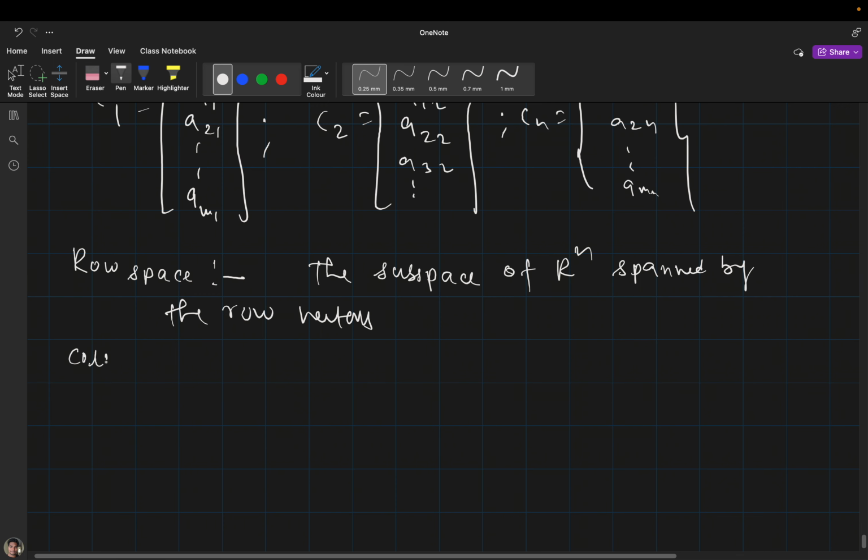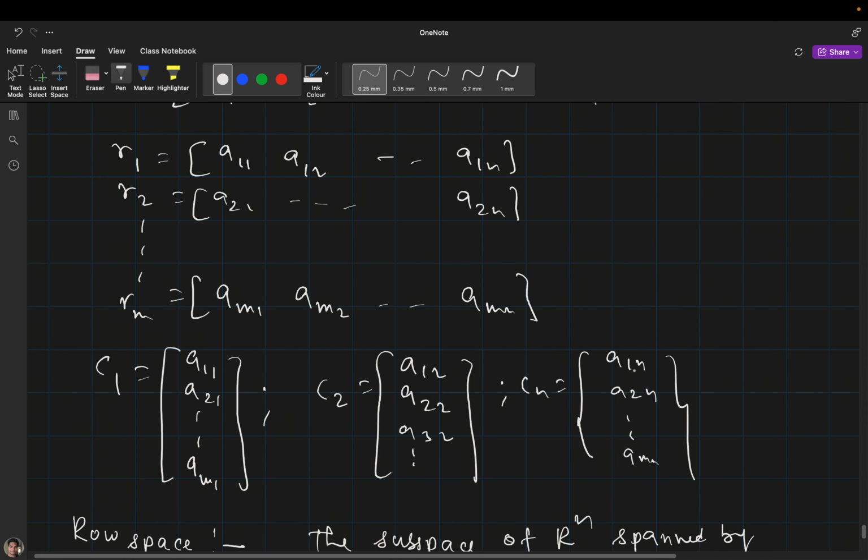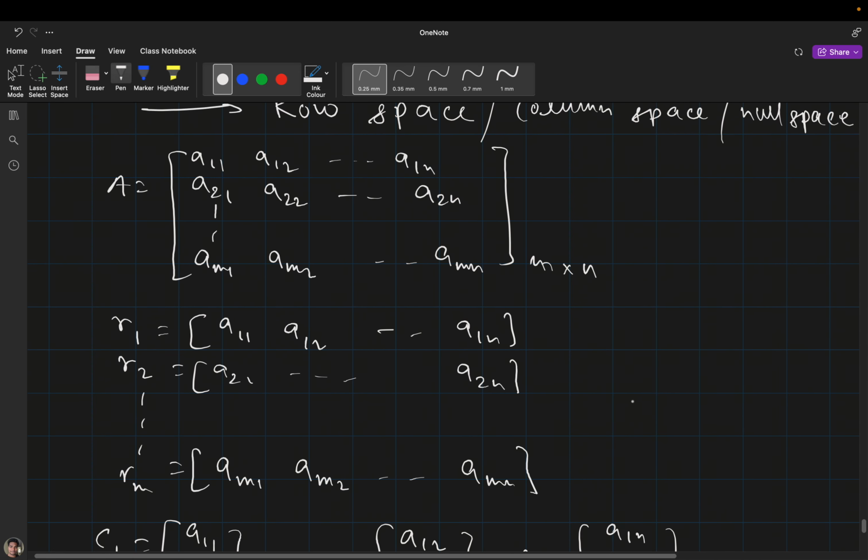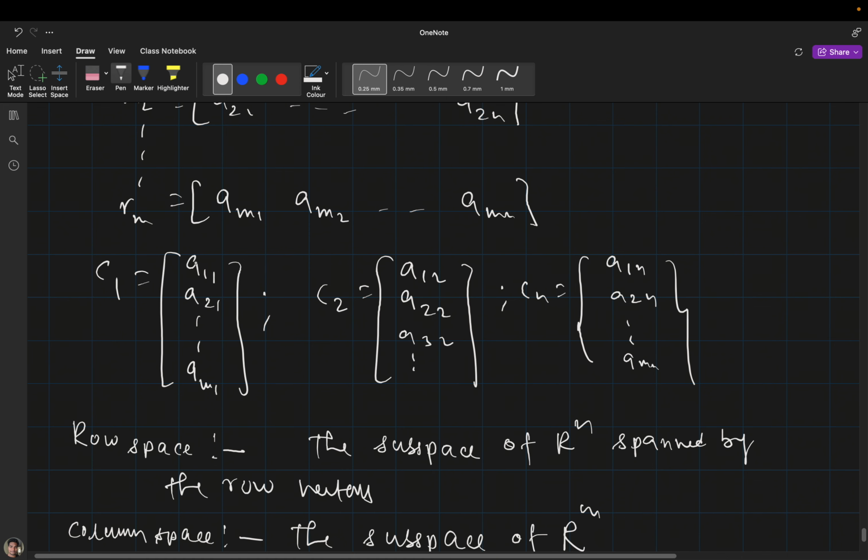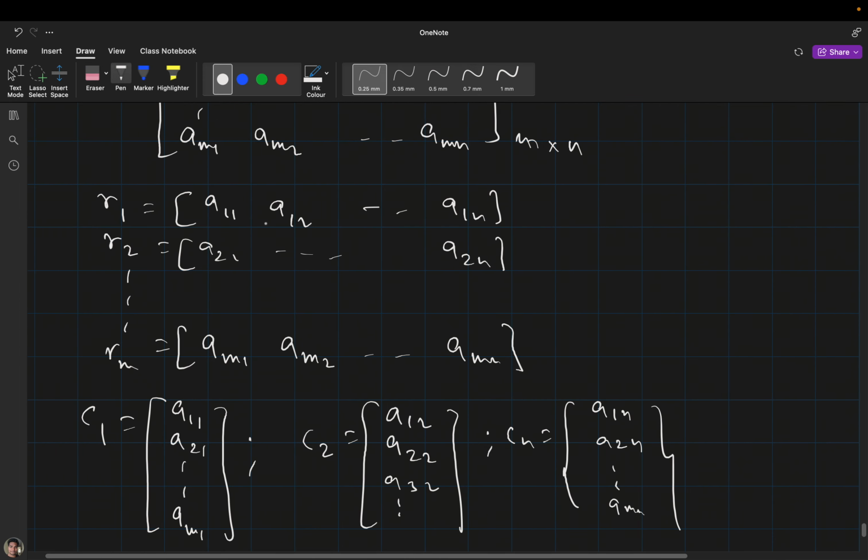Now column space. The same thing, the subspace of Rm. Okay, because it is talking about what? Columns. It is m dimensional. But row, it is what? n dimensional.